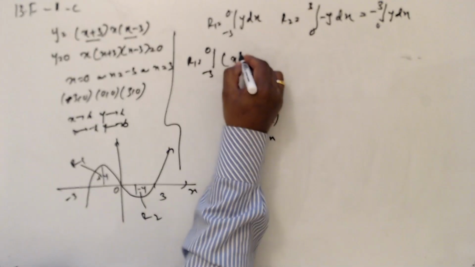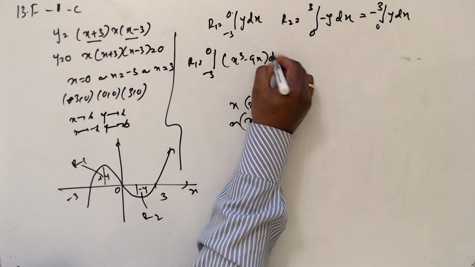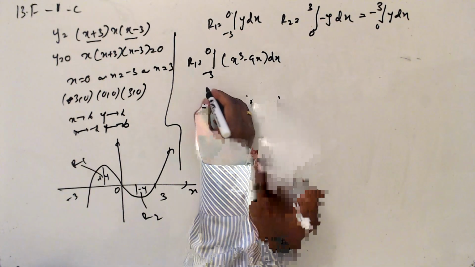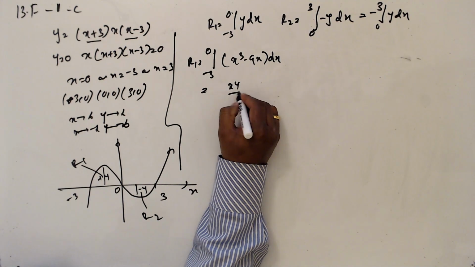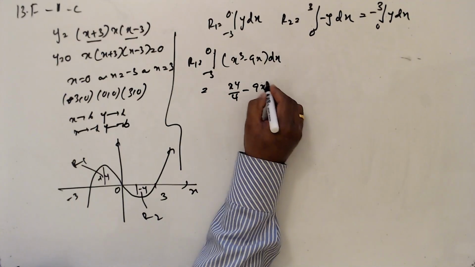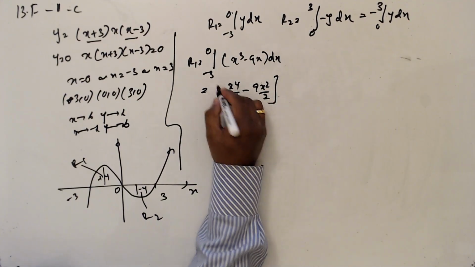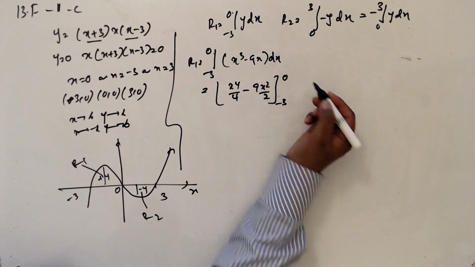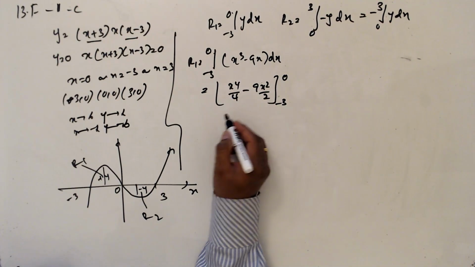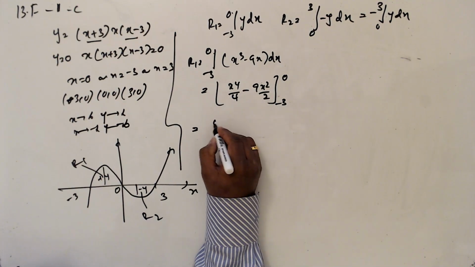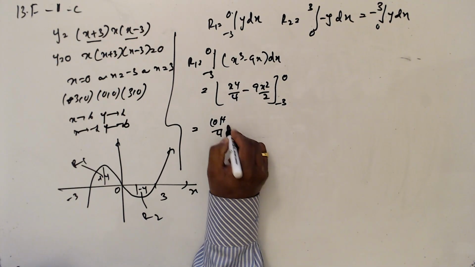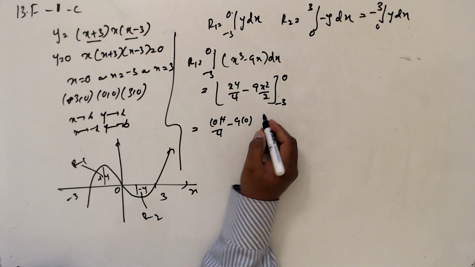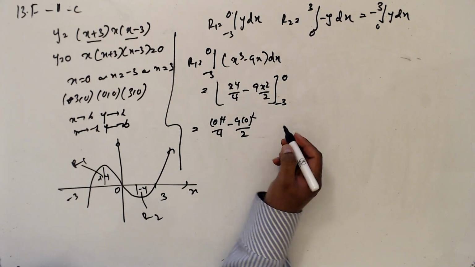So this is the integral of x cubed minus 9x dx. So this is x to the 4 over 4 minus 9x squared over 2, from minus 3 to 0.